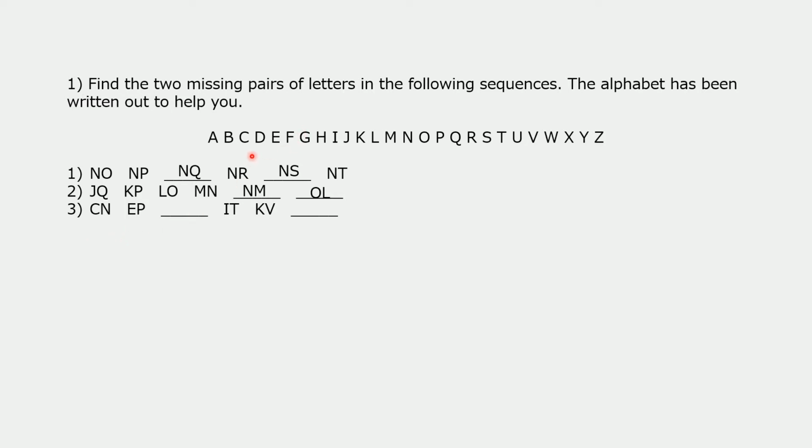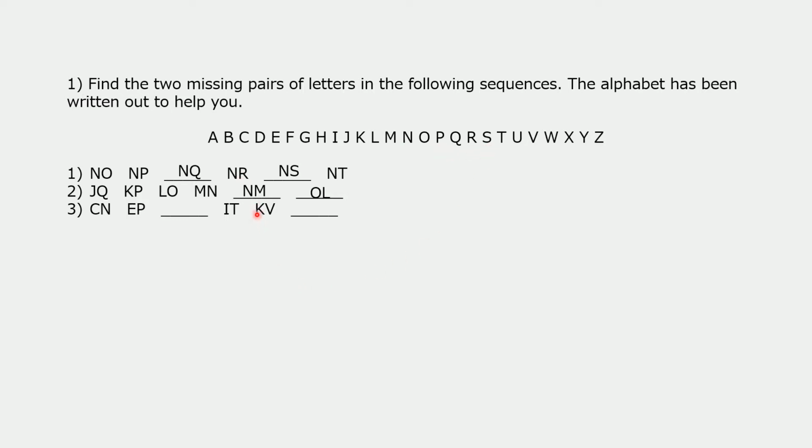Well, we might be able to figure it out by finding out how many spaces there are between the letters. 1, 2, 3, 4, 5, 6, 7, 8, 9, 10 spaces between C and N. Spaces between E and P: 1, 2, 3, 4, 5, 6, 7, 8, 9, 10. Again. Then the spaces between I and T: 1, 2, 3, 4, 5, 6, 7, 8, 9, 10.